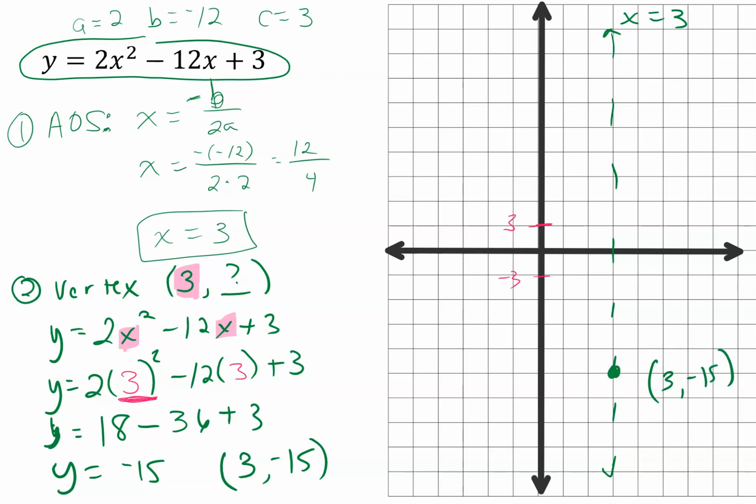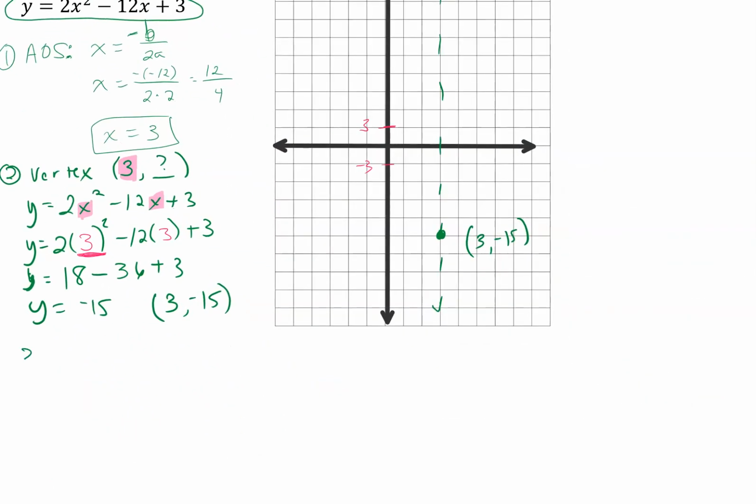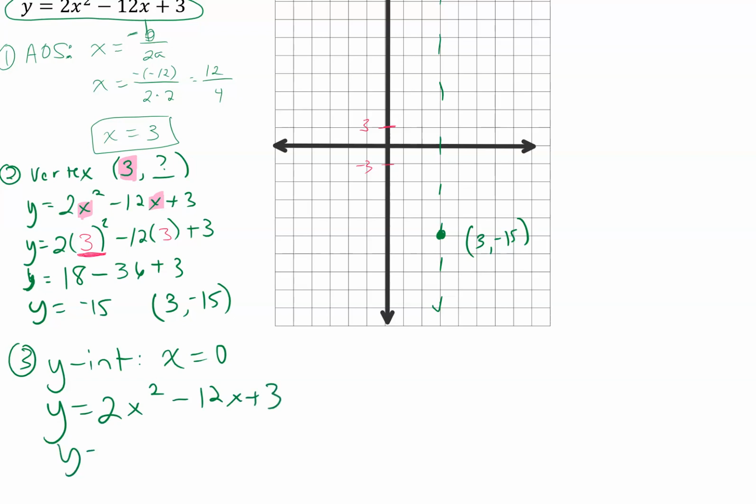And then the next thing I'm going to want to graph is my y-intercept. So we said the y-intercept is when x has a value of 0. So step 3, we're going to say is the y-intercept, and that x is equal to 0. So we're going to take our equation, the same equation, and we're going to substitute in a 0 for x.